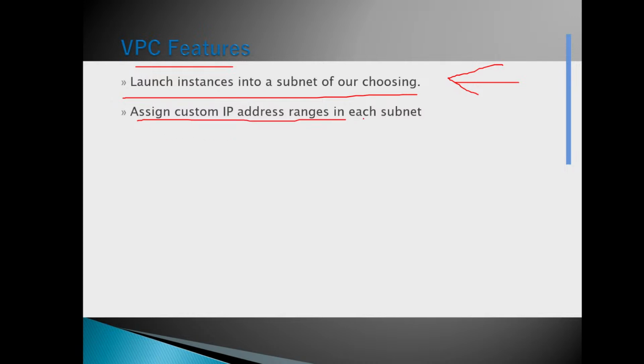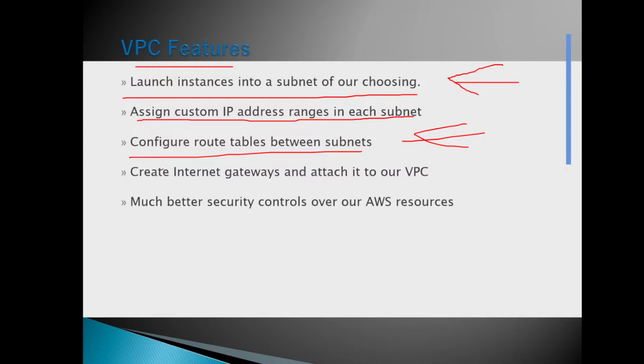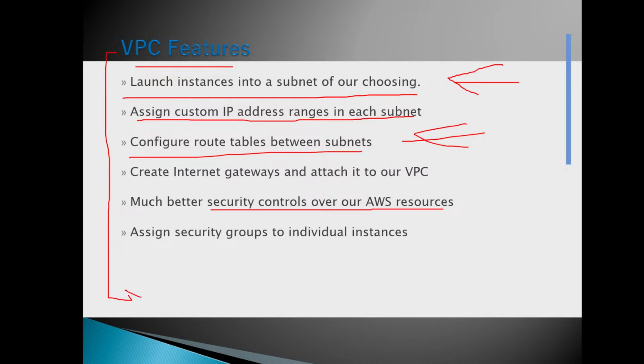Assign a custom IP address range in each subnet. Configure your route table between the subnets. Create an internet gateway and attach it to a VPC. Then we get much better security control over the AWS resources. So for security purposes, we have to learn about VPC.